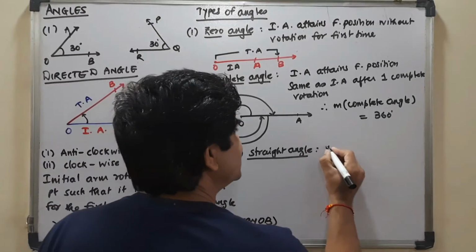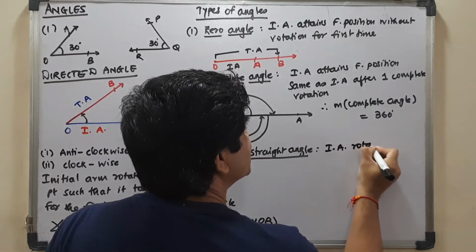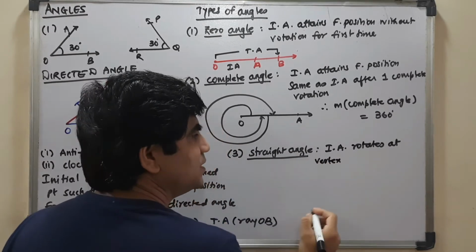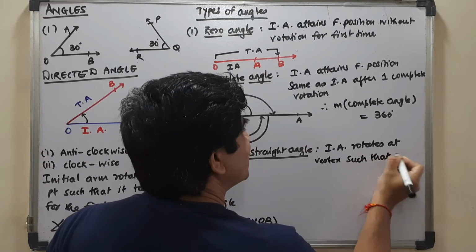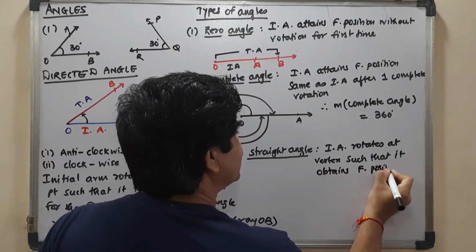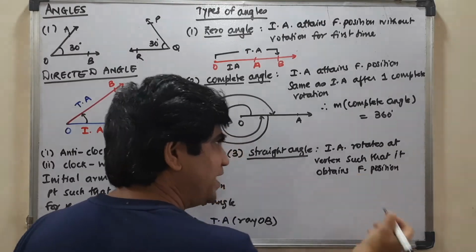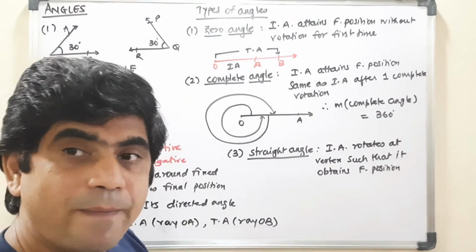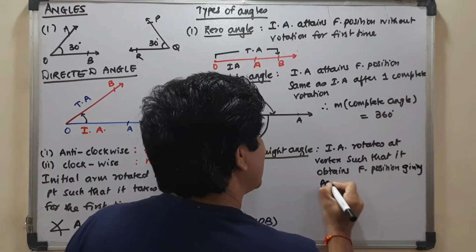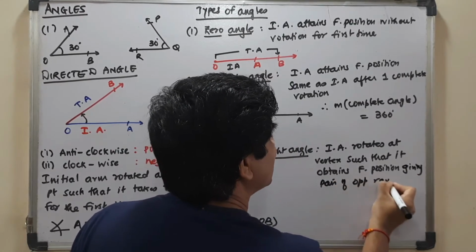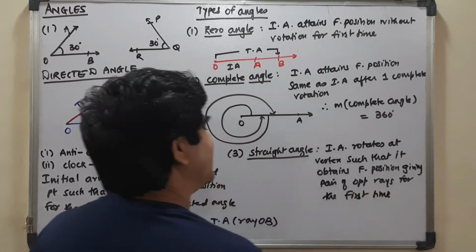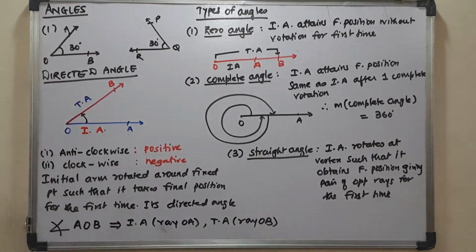That is, the initial arm rotates at the vertex such that it obtains a final position which gives you a pair of opposite rays for the first time, and is called a straight angle.